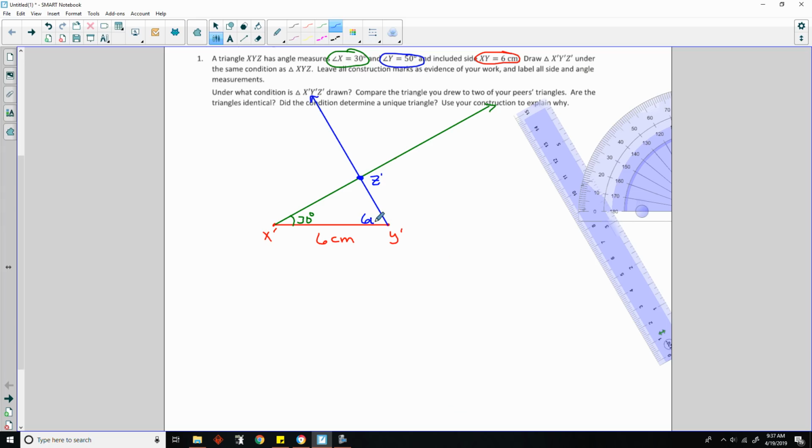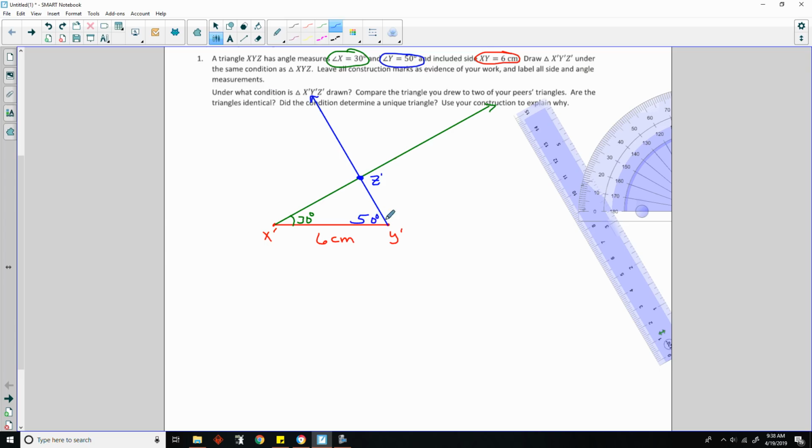This is 60 degrees. I shouldn't have to measure this because the triangle sum theorem says that angle A plus angle B plus angle C equals 180 degrees. And since I have two angles that add up to 90, oh no, that's not 60, it's 50. My fault. This is 50 degrees.